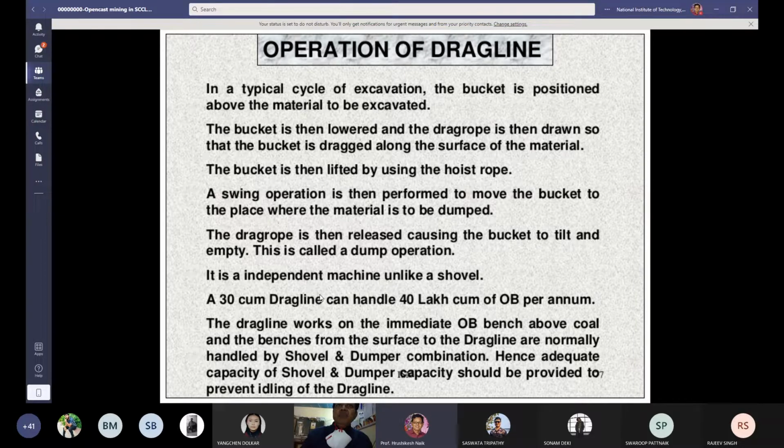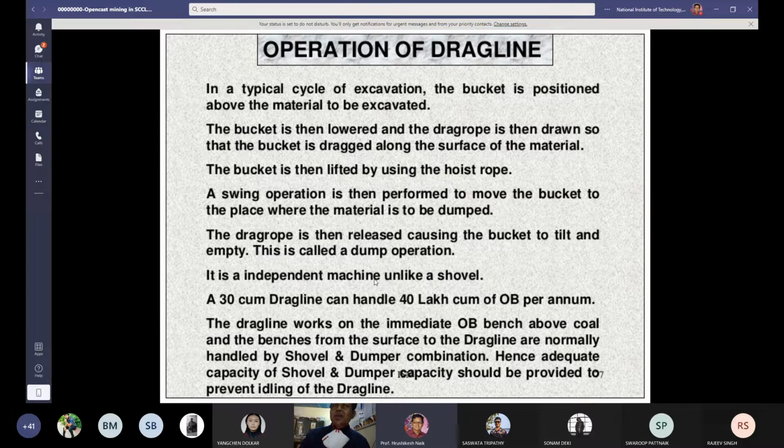It is an independent machine. Dragline is an independent machine, not like a shovel. Shovel is dependent on the trucks. Unless trucks are there, the shovel will remain idle. Therefore, shovel is dependent on the dumpers, whereas in the case of a dragline, it is an independent machine.